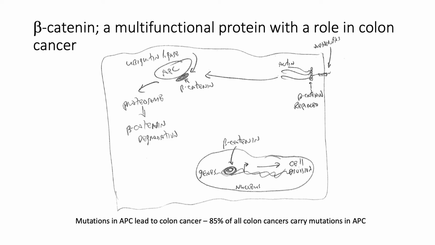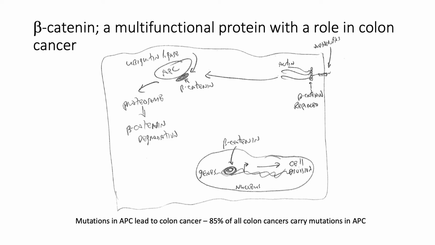So rather than getting replaced and ubiquitinated, sent to the proteasome, it gets sent into the nucleus, and it becomes a DNA binding transcription factor, which nobody ever expected. It binds to DNA, and particularly it binds to the promoters of genes that activate cell division. So it turns on genes that activate cell division.